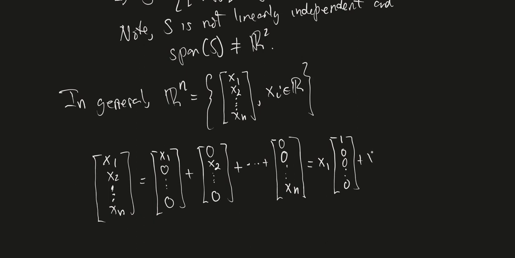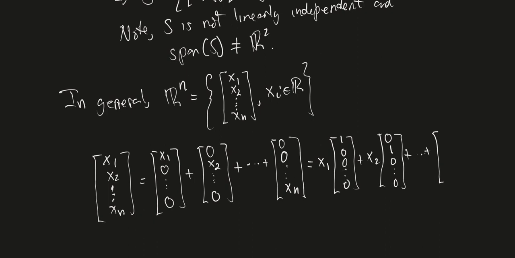Plus, when I factor out the x2, I'll have a 0 in the first position, a 1 in the second position, and then 0 elsewhere. And I do that for each of these columns. And then what I'm ending up with now is like these binary vectors, right?